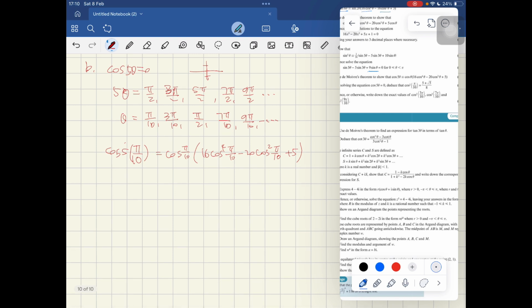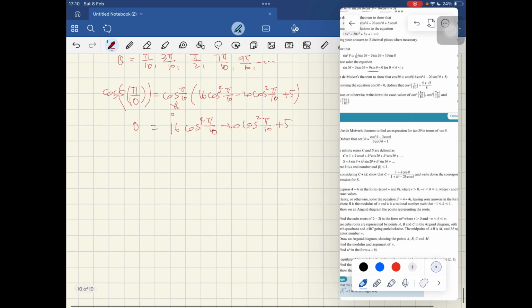So this is 0. And this is not 0. We know that. So 16 cos to the power of 4 minus 20 cos to the power of 2 plus 5. Now this is like a hidden quadratic form, so we can use the quadratic formula.